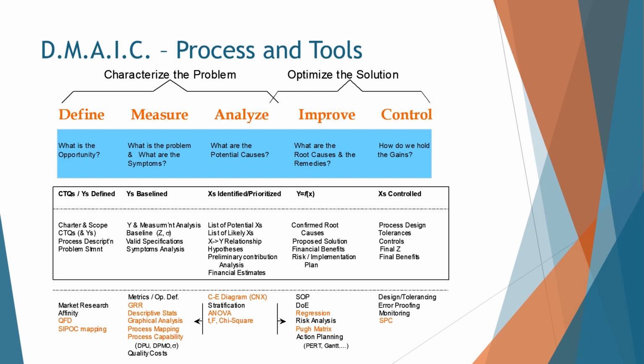The great thing is when you work your way up with the belts, you're going to be learning in great detail about each of these DMAIC tools available to you, but here's just a very broad, elementary understanding of the processes and tools available to you.